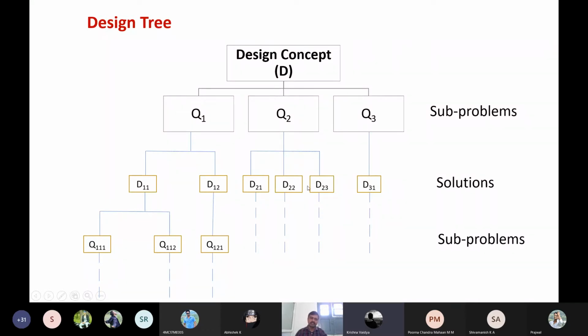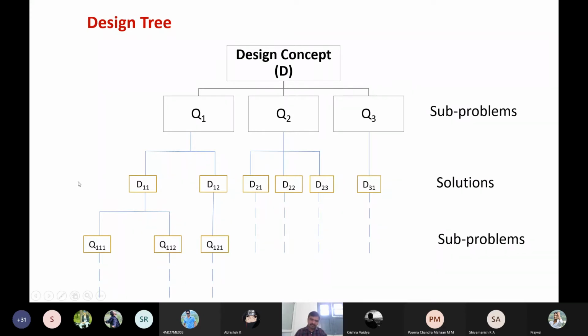One is sufficient. Here also you can choose 1 among 3. Here there is 1 and you have to solve this one. So that is the difference between sub-problems and solutions. When you have options, you can choose among the options. When you break a problem into sub-problems, you have to solve all.